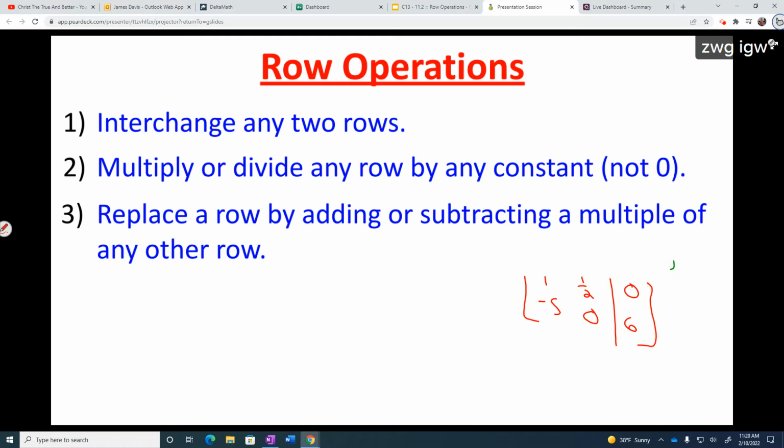And this is mostly what we're going to be doing today. Replacing the row by adding or subtracting a multiple of any other row. Don't worry about why we're doing this yet, because we're allowed to do that.